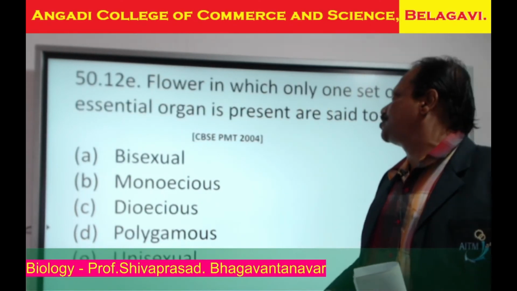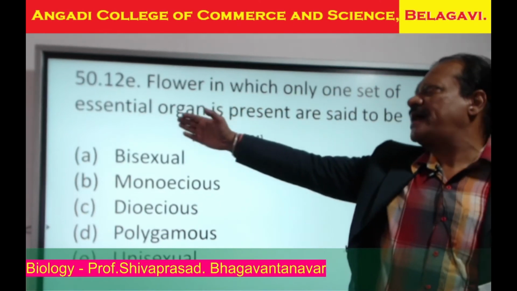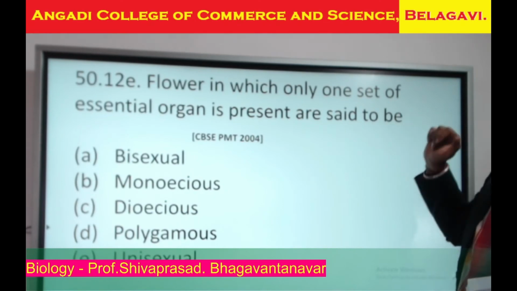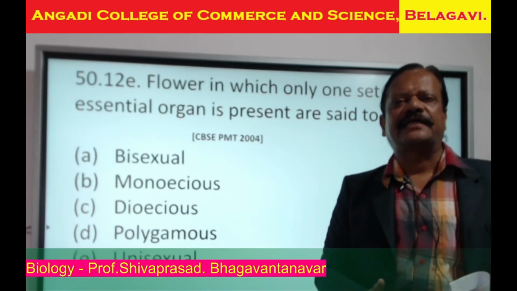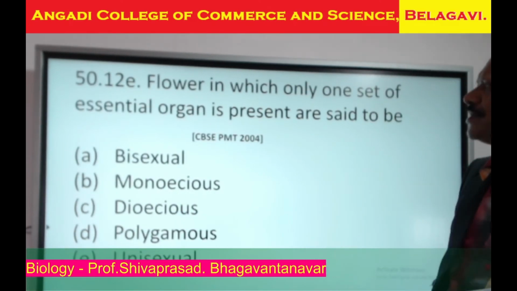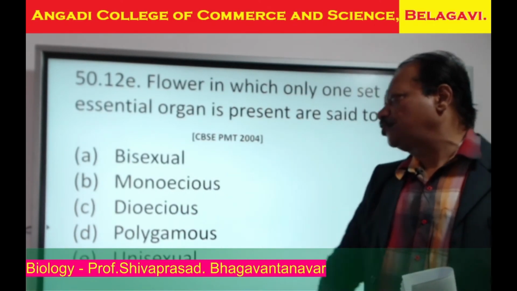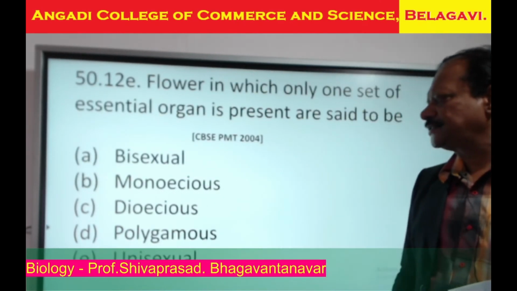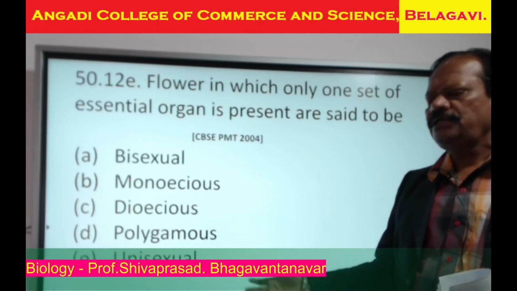Flowers in which only one set of essential organ is present are said to be... Options: bisexual, monoecious, dioecious, polygamous, unisexual.